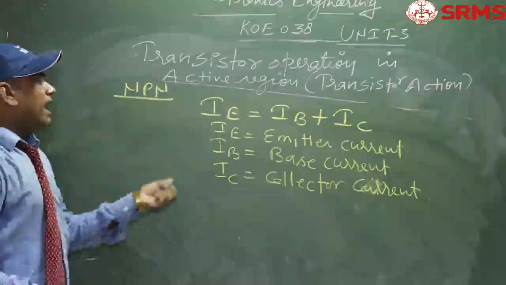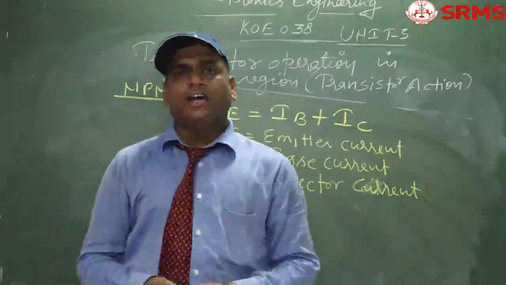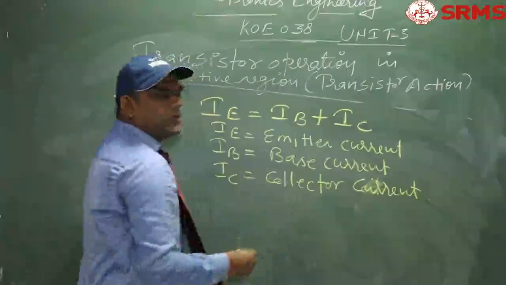Is that clear? So IE is equal to IB plus IC, but the magnitude of the base current is very small, so you can say IE is equal to IC.